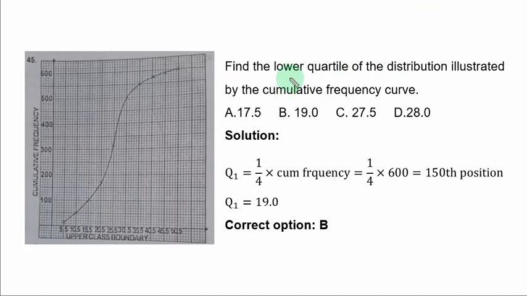Question 45. Find the lower quartile of the distribution illustrated by the cumulative frequency curve. The lower quartile is also known as the first quartile, and that is Q1.